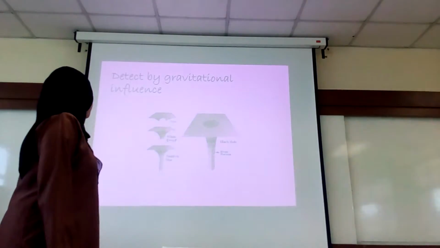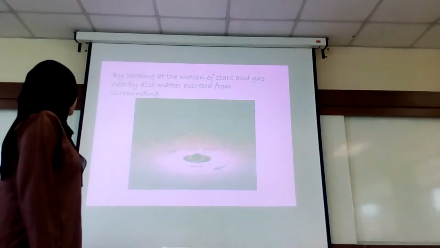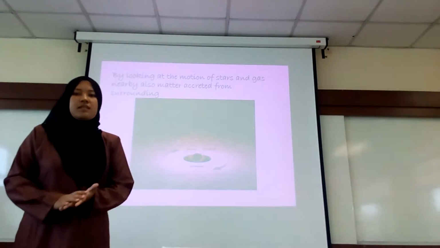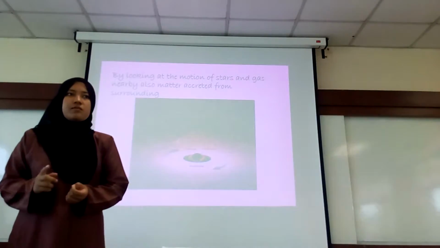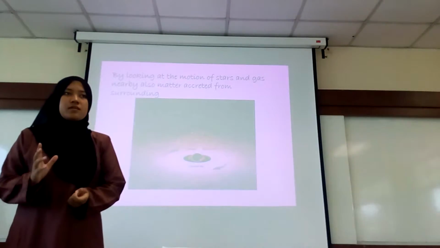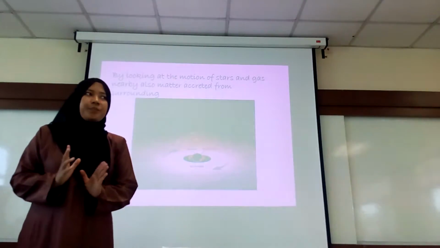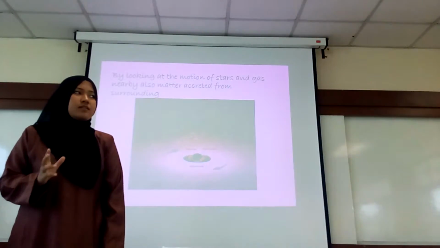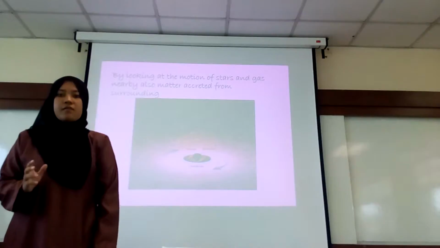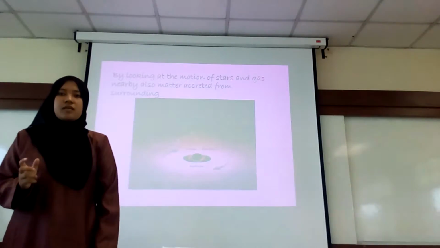Secondly, we look at the motions of the stars and the gas nearby, also matter from the surroundings. The stars, the gas, and the matter circle around and create a flat disk called the accretion disk, and this matter gives off radiation in the form of X-rays and other electromagnetic radiation.